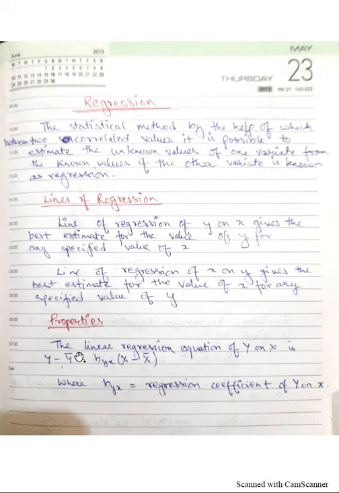So what is linear regression? The linear regression equation of y on x is y minus y bar, where y bar is the mean of y, is equal to byx into x minus x bar, where byx is the regression coefficient of y on x.